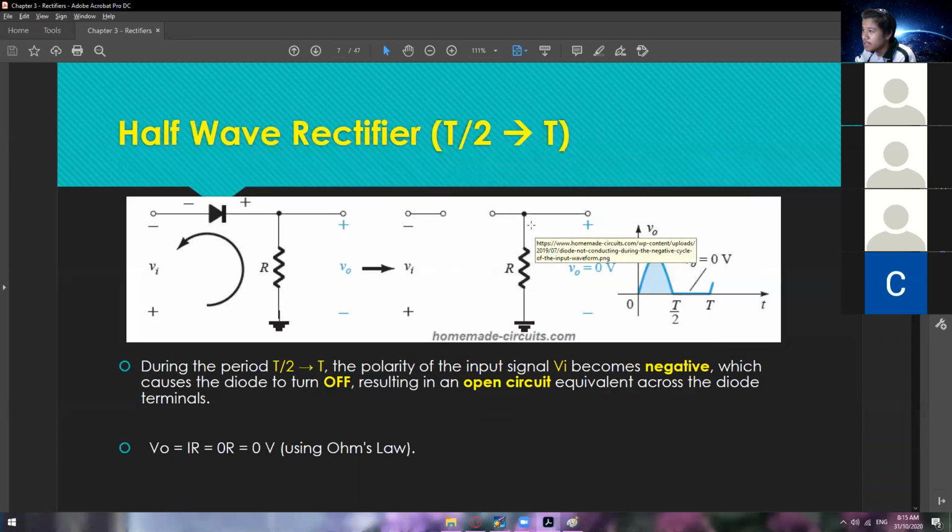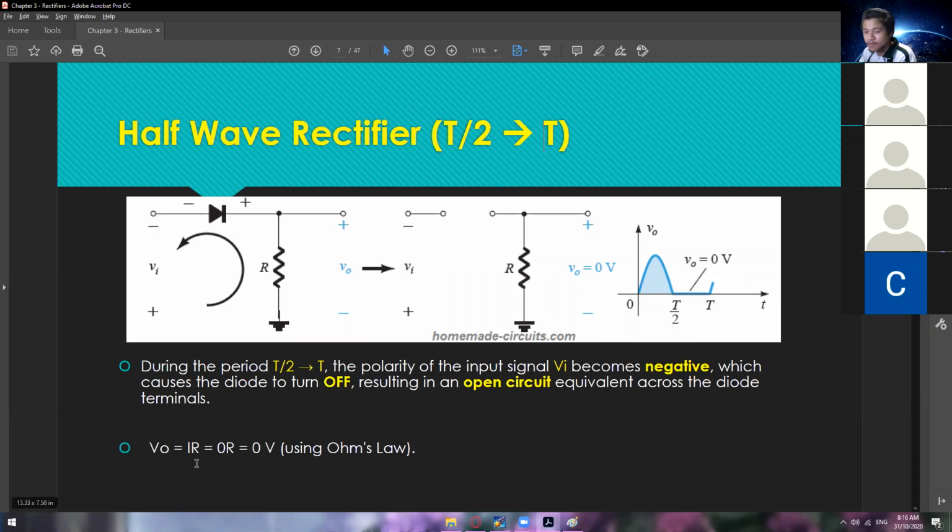And if we have a Vi of negative, this will not allow the current to pass through, since if our negative Vi is connected to the anode, this one will become reverse bias, or completely open. So as a result, we'll get no current in that particular area. Okay. So for the positive, yes, we have conduction, but for the negative, it's 0 volts.